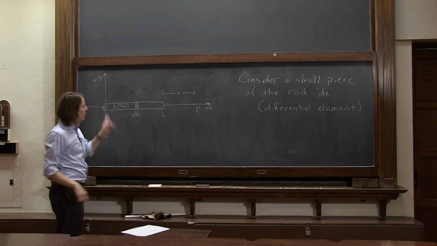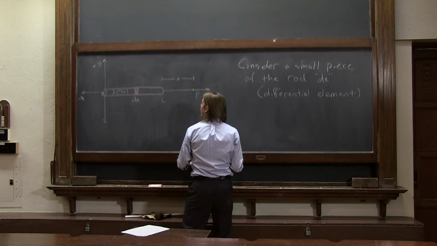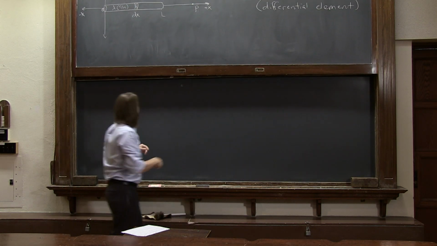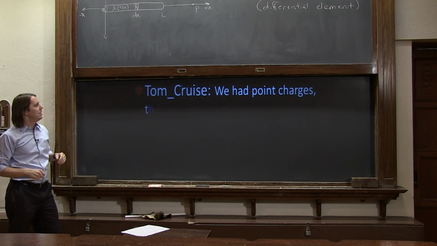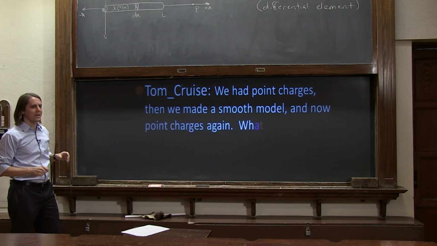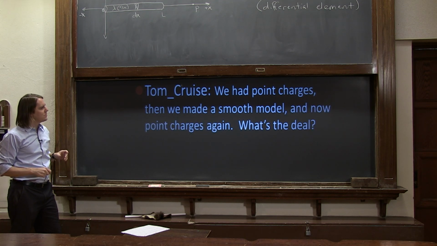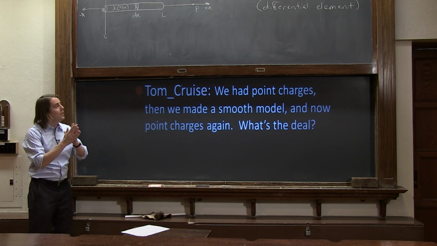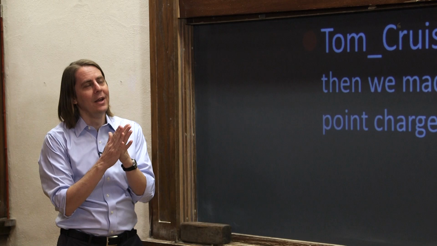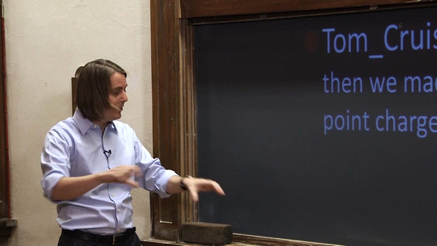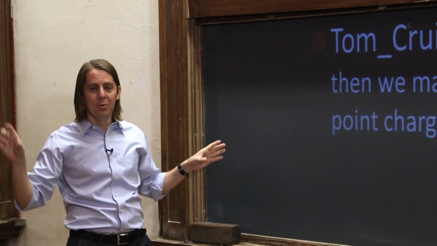Okay, so I see we have a question. Let's see. Oh, Tom Cruise taking the class, not bad. We had point charges, then we made a smooth model, and now point charges again. What's the deal? Okay, yeah, so that's actually true. I hadn't really thought about that. We started with, we said the rod has little individual electrons, and that would be too hard to deal with, right?